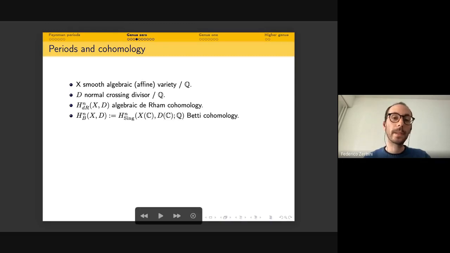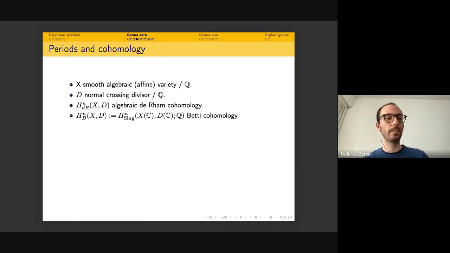And the Betti cohomology of the variety, which is just singular cohomology. So these are all relative cohomologies, of course, relative to the normal crossing divisor D. And the Betti cohomology is the singular cohomology of the complex points of your variety with coefficients in Q.